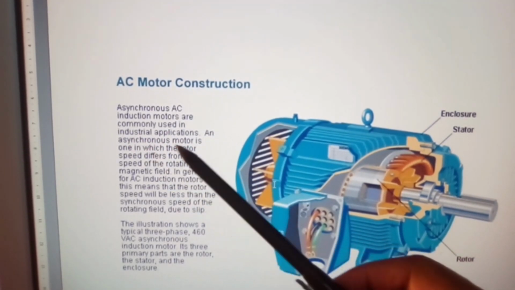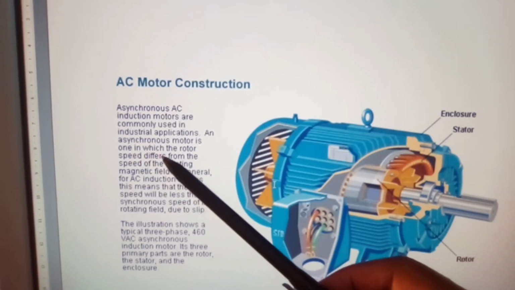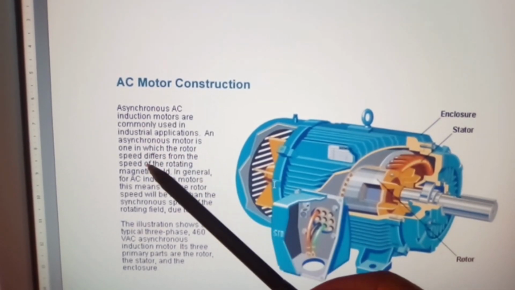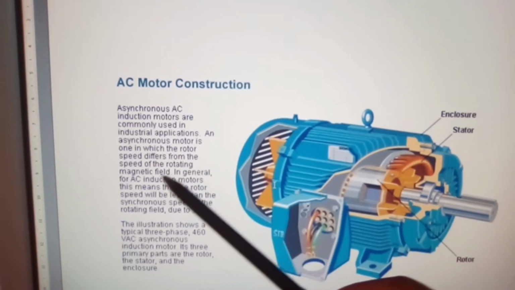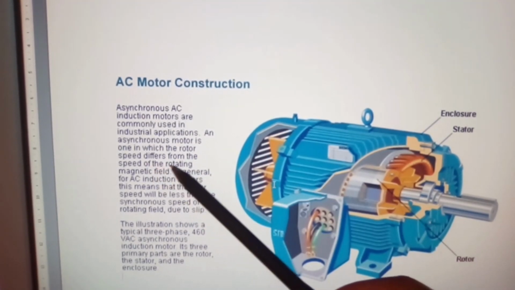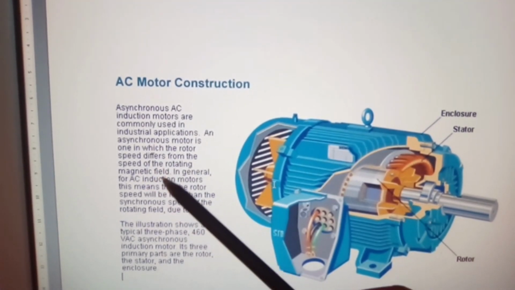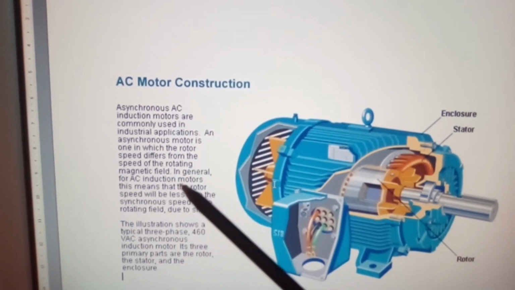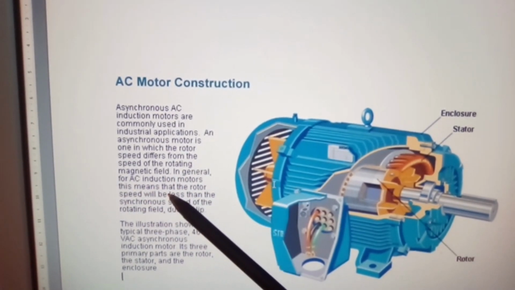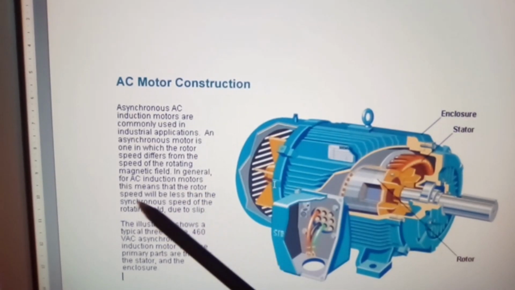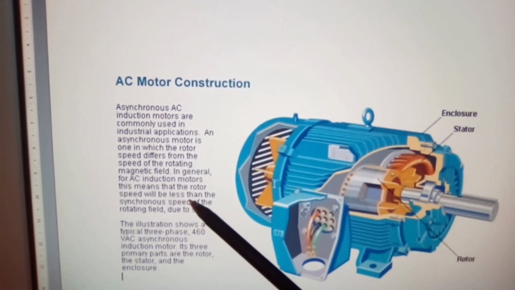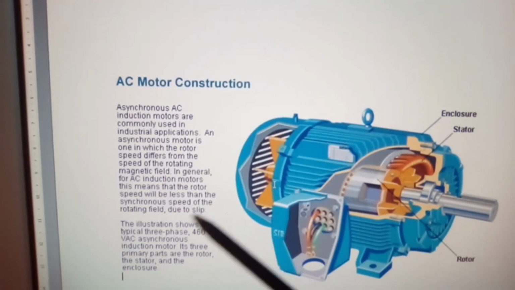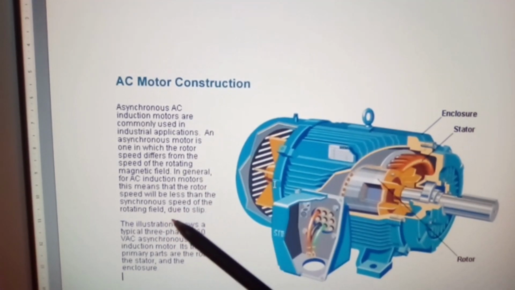An asynchronous motor is one in which the rotor speed differs from the speed of the rotating magnetic field. In general, for AC induction motors, this means that the rotor speed will be less than the synchronous speed of the rotating field due to slip.